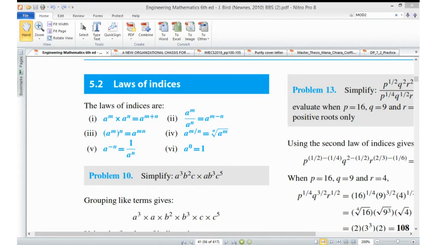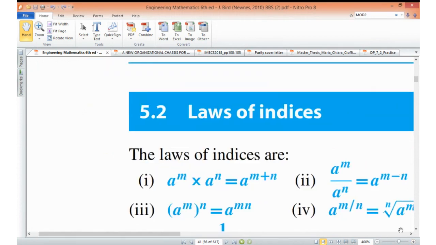Any mathematical equation that requires us to put together terms that involve indices, those rules will provide guidelines on how we operate. Basically we have 5 major rules, or 5 or 6, because some of them borrow from the existing rules.